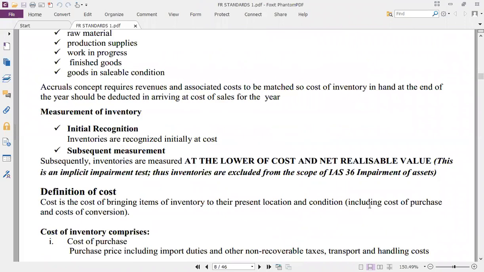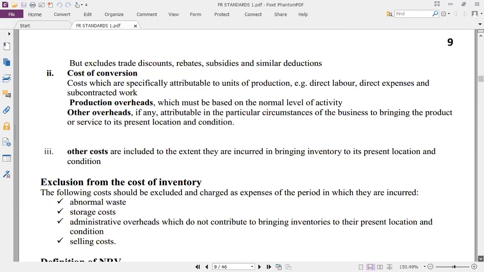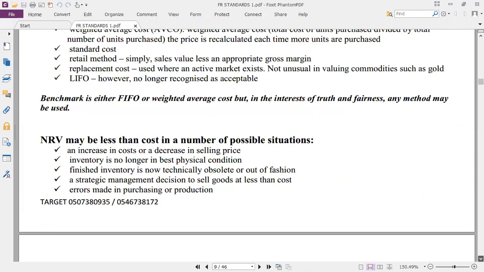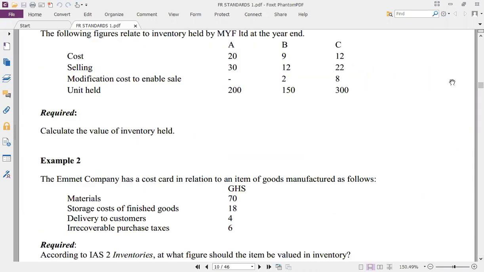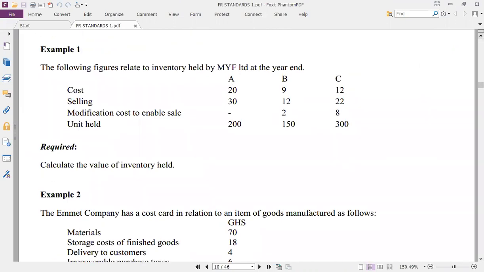So for IAS 2, I'll go straight to the questions. Let's see example one. I think I'll start with example one. Calculate the value of the inventory held.